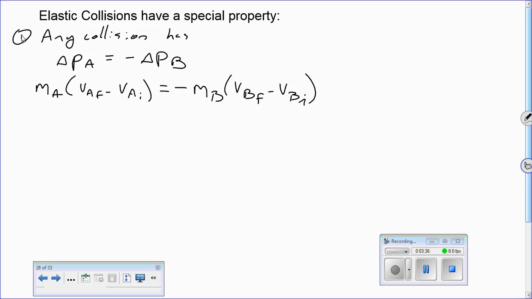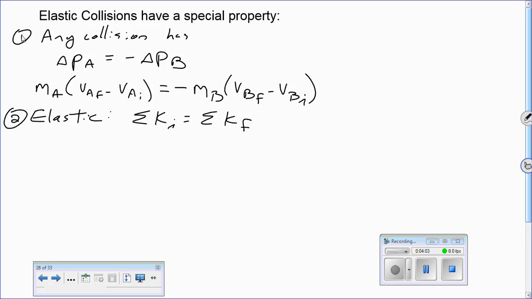Okay, now, property number 2 is that in elastic collisions your total kinetic energy before the collision has to equal your total kinetic energy after the collision, right? We're going to use this to come up with another big long expression about mass and velocity of the vehicles and see if we can simplify down to something that is useful.